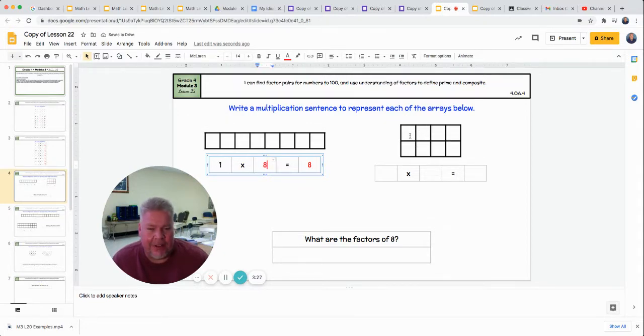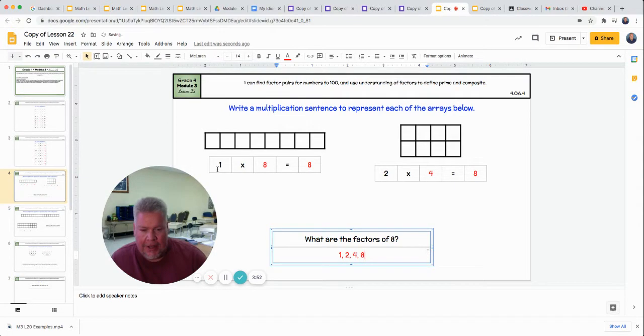This is set up differently, but we've still got 8 boxes. Think area model. What's the length here? 2. What's the width? 4. 2 times 4 is 8. So what are the factors of 8? Well, we've got 1, 2, 4, and 8. 1 times 8 is 8, and 2 times 4 is 8.